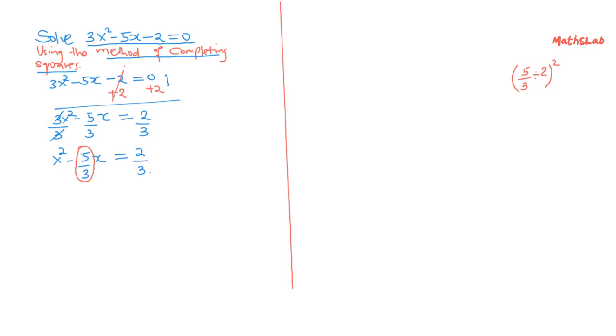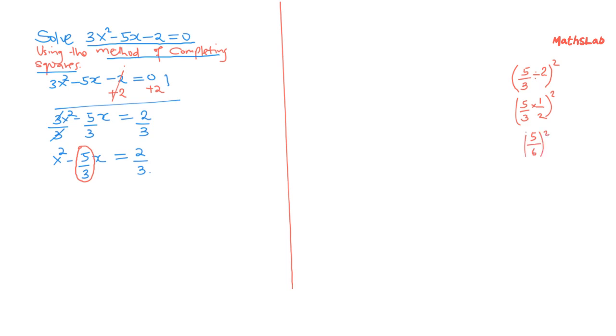Now that's the same as multiplying 5 out of 3 by half and squaring the result, and of course 5 times 1 is 5 and 3 times 2 is 6.